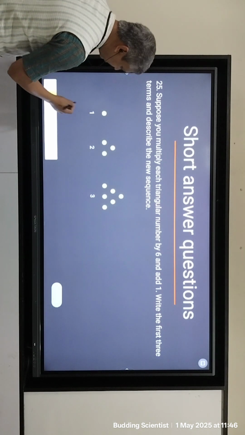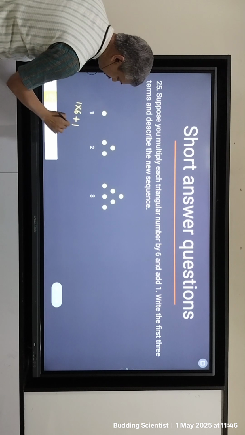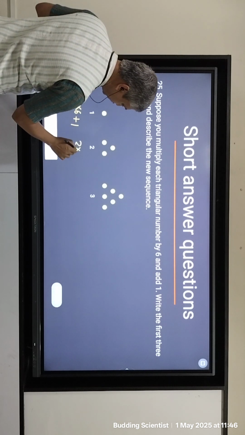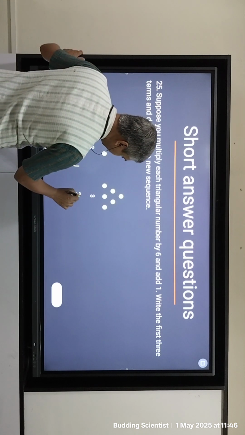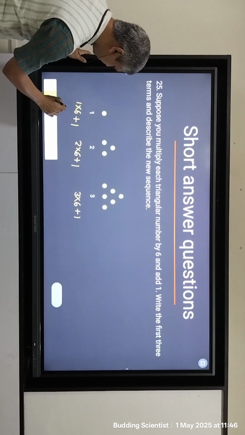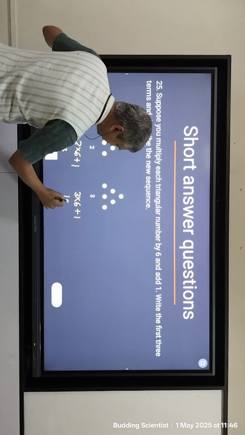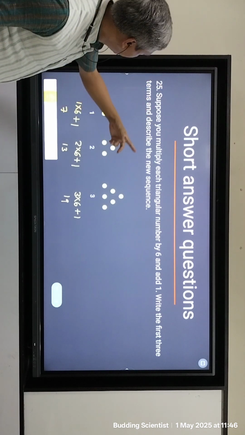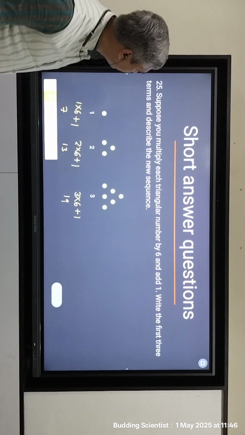So 1 is to be multiplied by 6, so 1 into 6 and then add 1. 2 is to be multiplied by 6 and then add 1. 3 is to be multiplied by 6 and then add 1. So this is 7, this is 13 and this is 19. Write the first 3 terms and describe the new sequence. The new sequence is 7, 13 and 19.